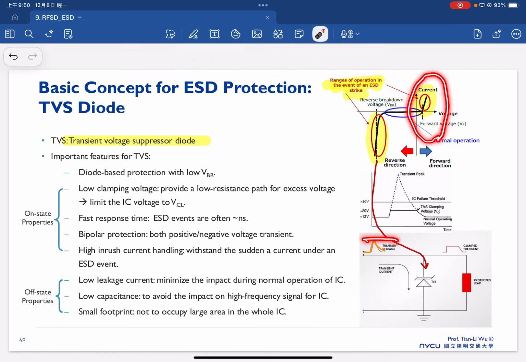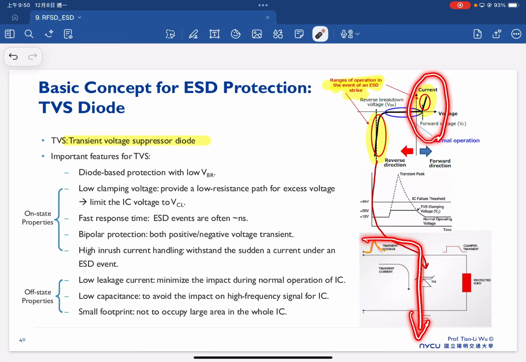So you have high current going through here, right? Your diode is turned on. That's a very basic characteristic of how we actually use it for ESD, and nowadays we still very often use this way.